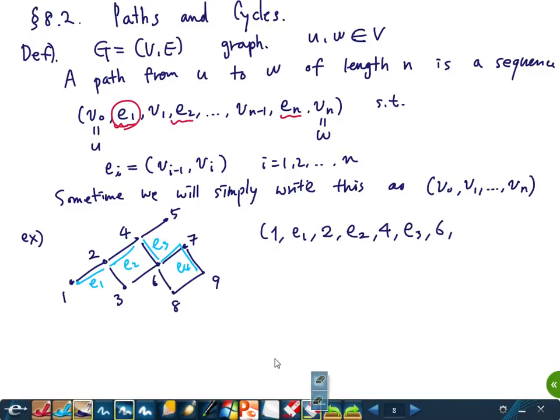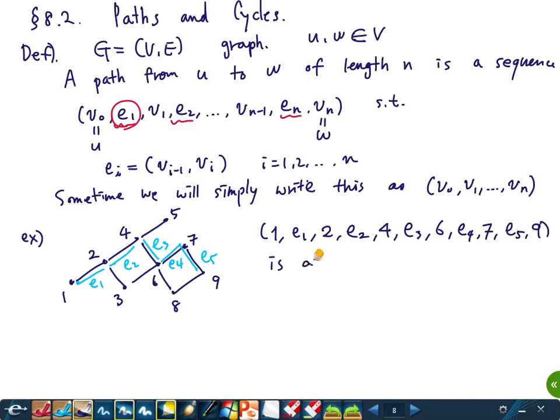Oh yeah, I forgot to write one more edge. So E3, E4, E5. Using E4 we can go to 7, and then using E5 we can go to 9.